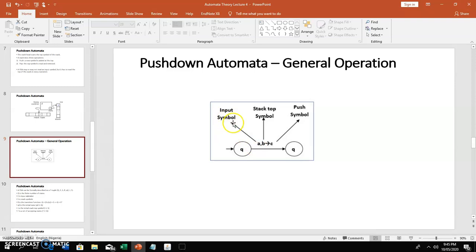First is the input, A, which is what you want to read. B is what is on top of the stack, while C is the operation. You'll understand when I perform some examples. This can be either the push or the pop. Forget that only push is written here. Instead of just the push symbol, you're supposed to have stack operation here, because you can either push or pop.